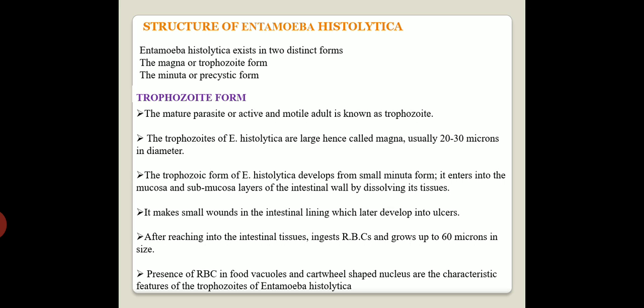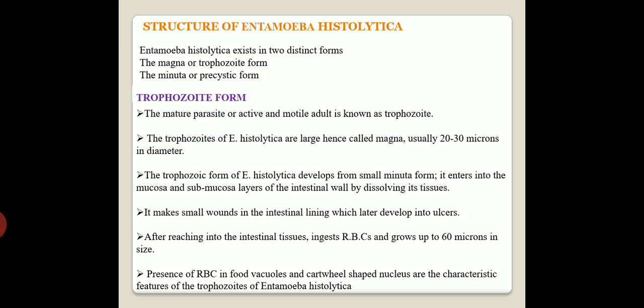It enters into the mucosa and submucosa layers of the intestinal wall by dissolving its tissues. It makes small wounds in the intestinal lining which later develop into ulcers. After reaching the intestinal tissue, it ingests RBCs and grows up to 60 microns in size.